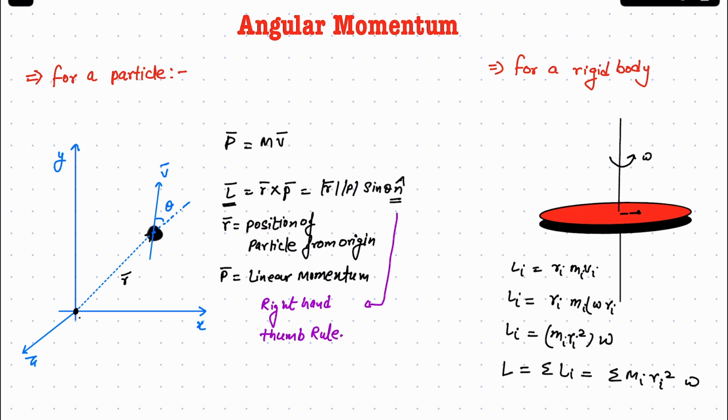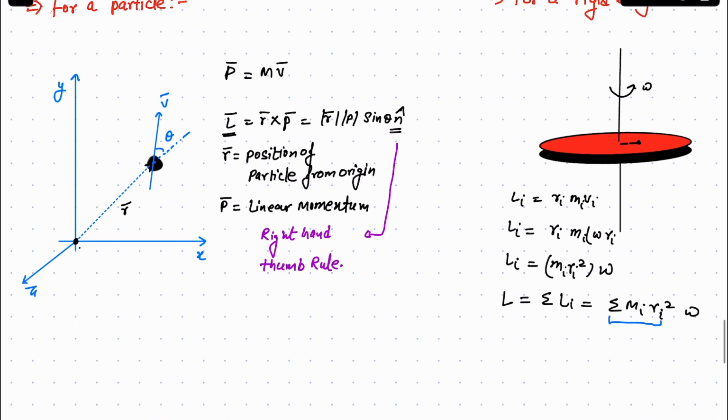And as we know, this is the expression for the moment of inertia. So the angular momentum for the rigid body, we can write it like this, that L is I multiplied by omega. In the vector format, if we wish to write it down, we can write L equals I omega. Using this, I can find out the angular momentum of the rigid body.